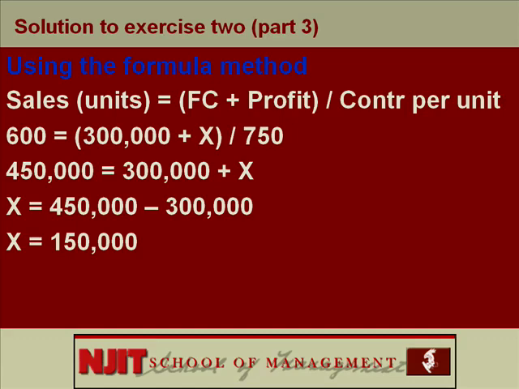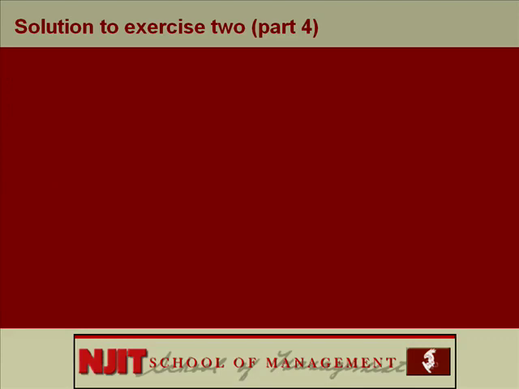Now, let's try part 4, where you've got to evaluate a marketing strategy. I think you already tried it, so let me give you the solution. Let me do the equation method first.